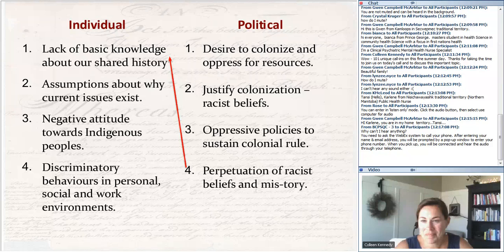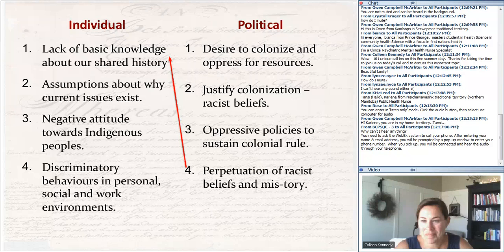So that's a justification for doing that. But in order to sustain colonial rule, policies had to be put in place that made sure that Indigenous people basically didn't assert their rights to the country that they occupied.